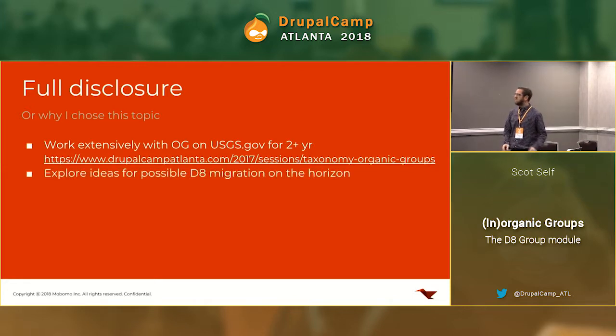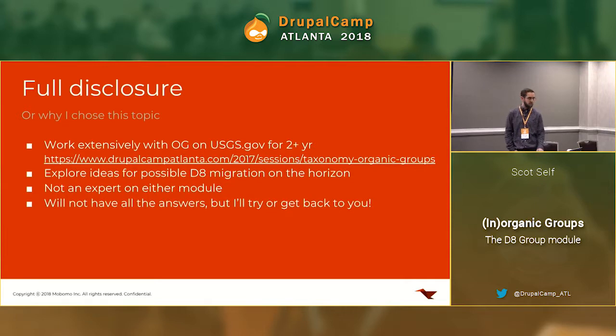We did want to just explore the idea unofficially, what a migration for USGS looked like from D7 to D8, and just what the options were out there for D8 in a group situation. I am not an expert on either module. I have used D7 organic groups, like I said, quite a bit with USGS, but again, not an expert, so I'll do my best to answer your questions.